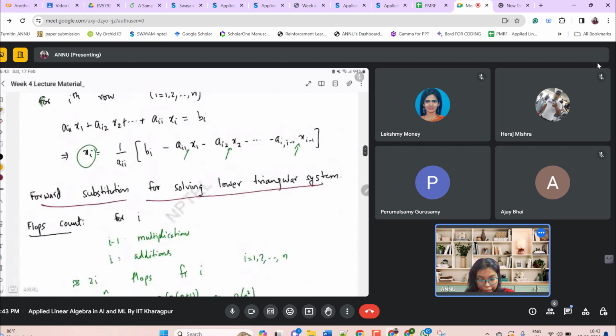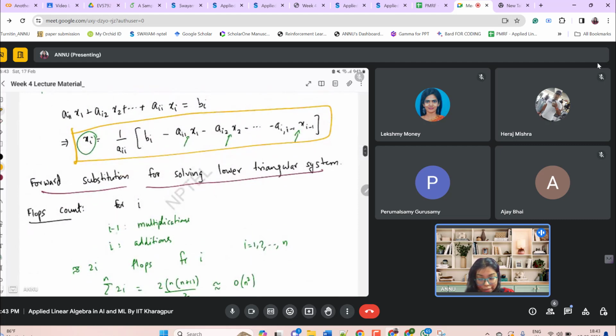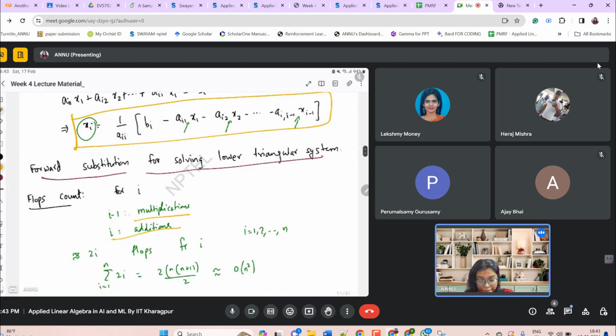In general, if you write, you can write like this. For the i-th row, you are getting i minus 1 multiplications and i additions. So if you sum it, it is 2i minus 1, which is about 2i. Now this i can be any value from 1 to n.